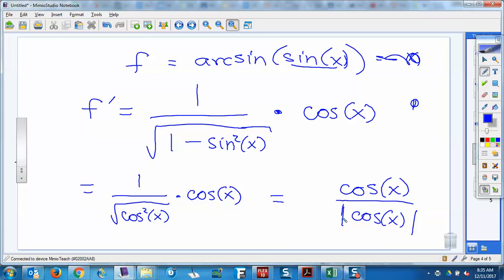When cosine is positive, it divides out to 1. When cosine is negative, it divides out to negative 1, because the top would be negative, but the bottom will still be positive. So you'd have 3 over 3, that'd be 1, or negative 3 over 3, that'd be negative 1.